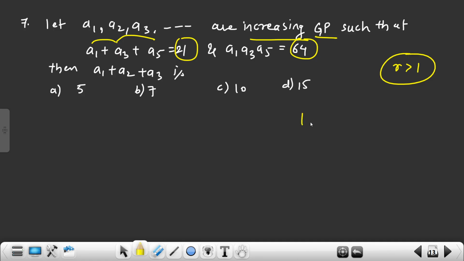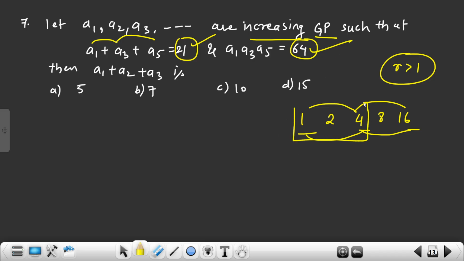So basically I will take as our base, very basic GP, what we teach in the classes: 1, 2, 4, 8, 16, right? So now if you add these numbers, 16 plus 4 plus 1, 21, right? Now multiply the same numbers, 64, right? So what is the first three numbers? This is the first three numbers, 4 plus 2 plus 1, 7.